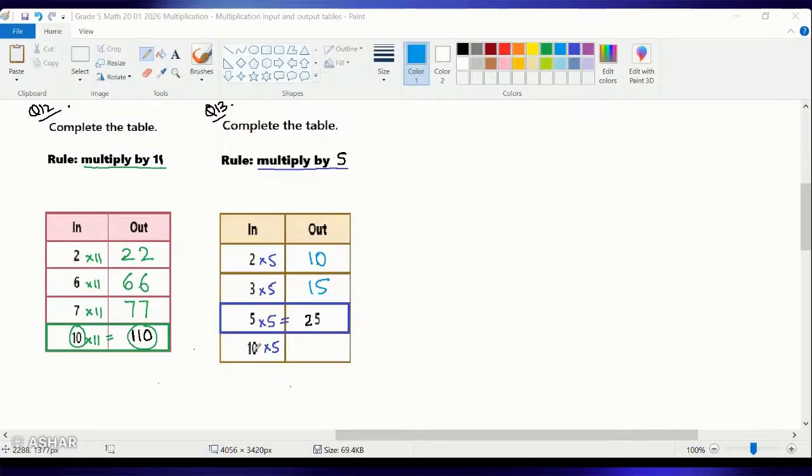And the last one would be 10 multiplied by 5. We know the rule for multiplying numbers ending with a 0. 5 multiplied by 1 is 5. There was a 0, we just simply put a 0. So our main requirement is to find what number the input is being multiplied with to get the output.